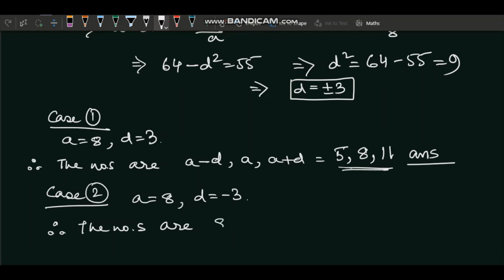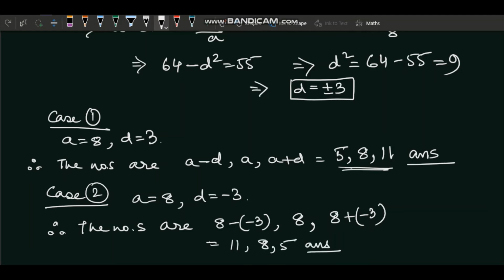So it is going to be 8 minus of minus 3, then you have a, and then you have a plus d. So what are you getting? This is 11, this is 8 and 5. So the three numbers which are satisfying the condition given in the question and which are in AP are 5, 8 and 11.